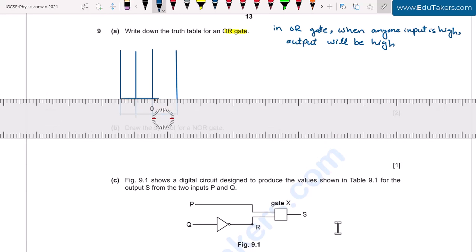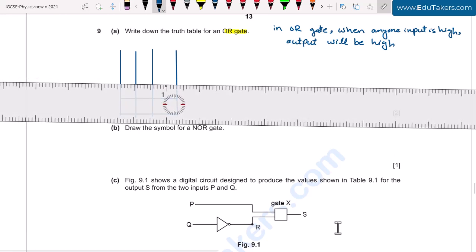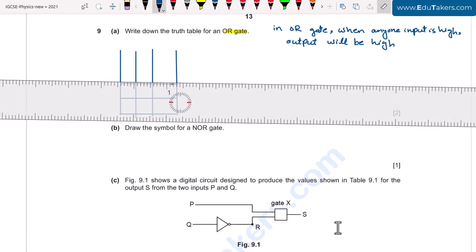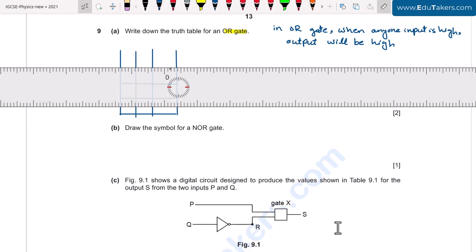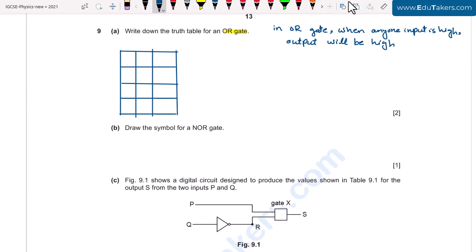I will write it as: I considered A and B as inputs while X is output, and it will be equal to A or B. So first of all, inputs are 0 0, then 0 1, 1 0 and 1 1.